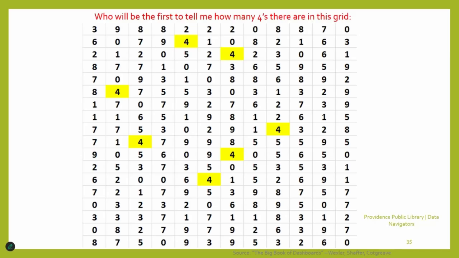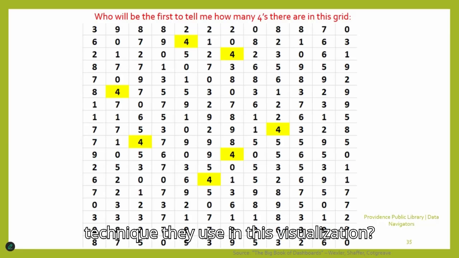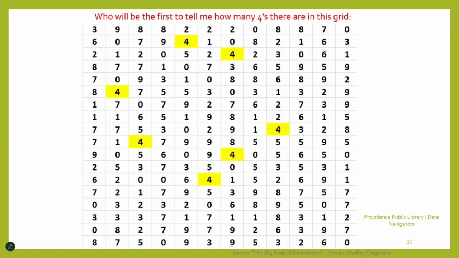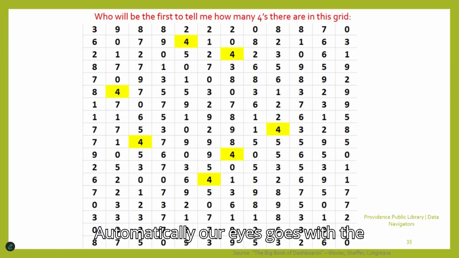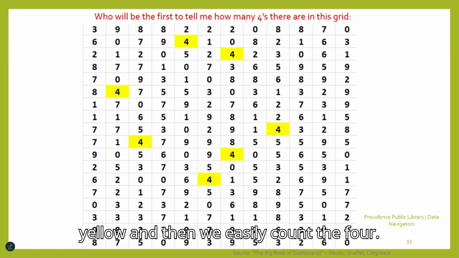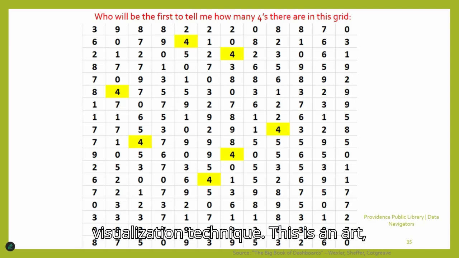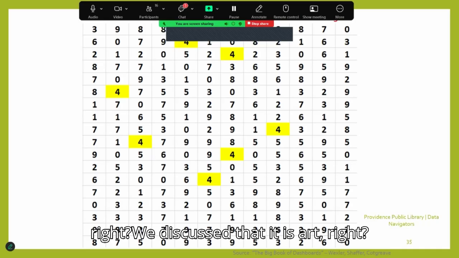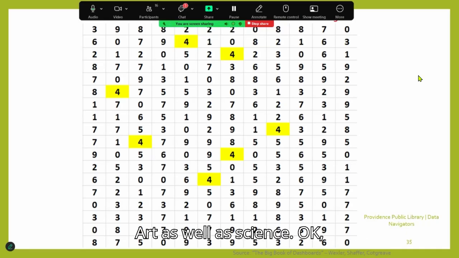Seven. Okay, how is it possible now? So what technique did they use in this visualization? Color code, correct? They highlighted all the 4s with yellow. Automatically our eyes go to the yellow and then we easily count the 4s. So this is one data visualization technique. This is an art, right? We discussed that it is art as well as science.